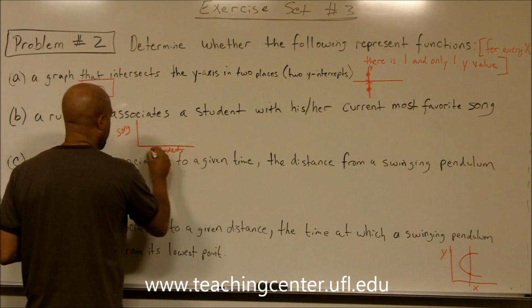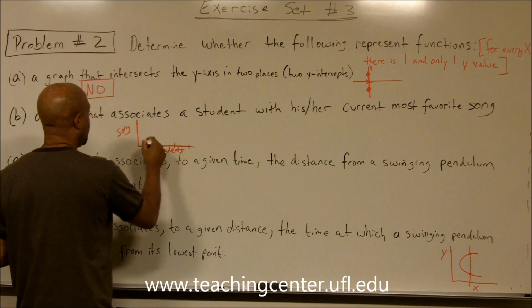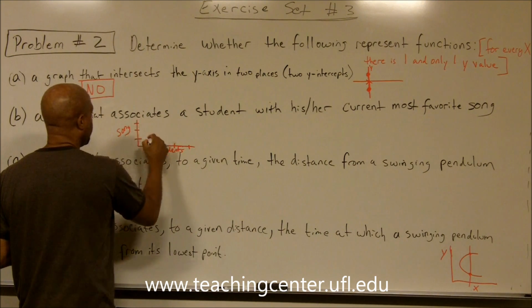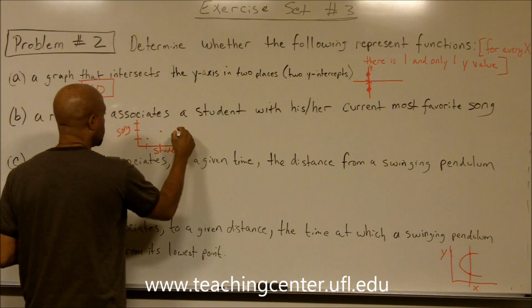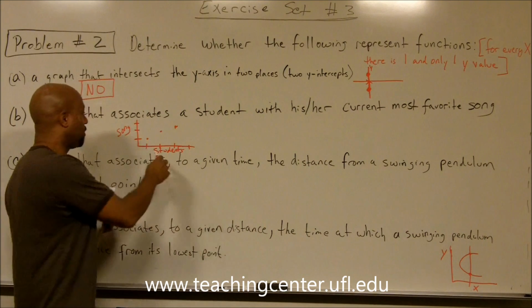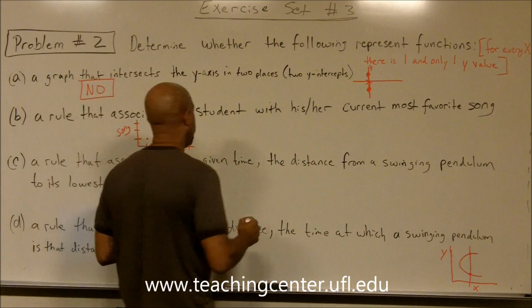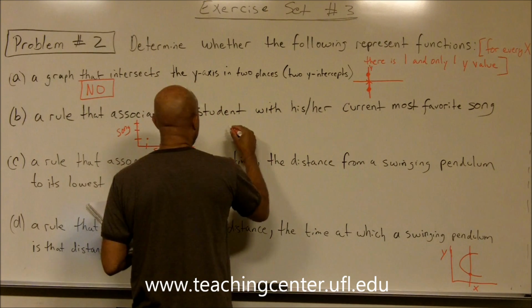And if we have any number of students, each student is going to have only one favorite song. So we know that each student is only going to have one and only one favorite song. And so yes, this would be a function relationship.